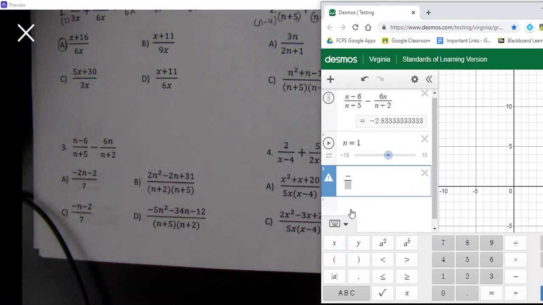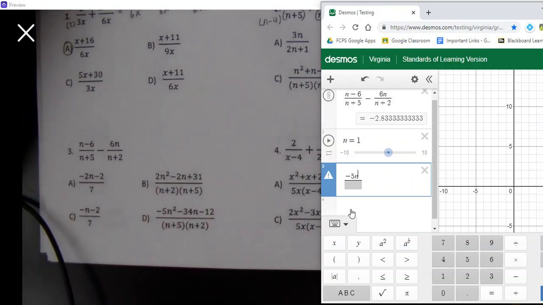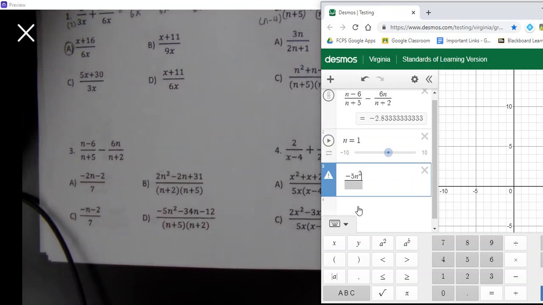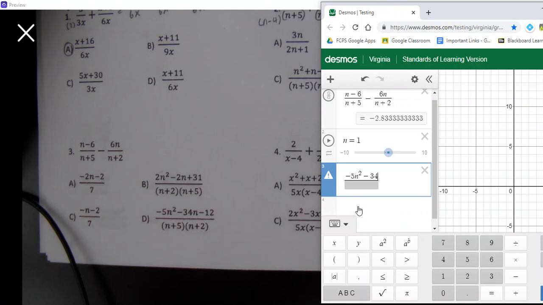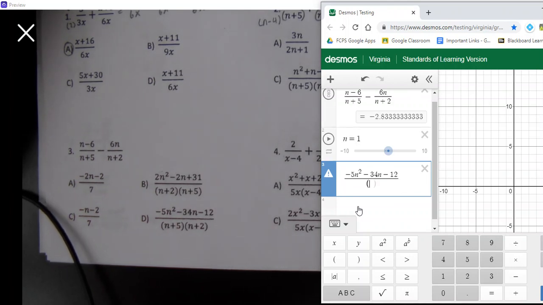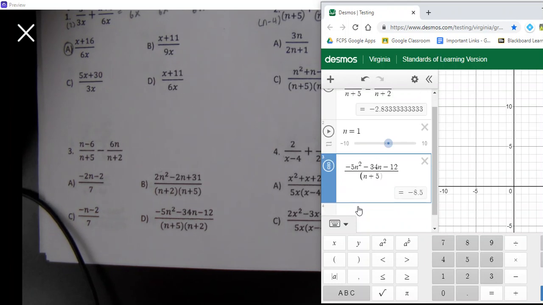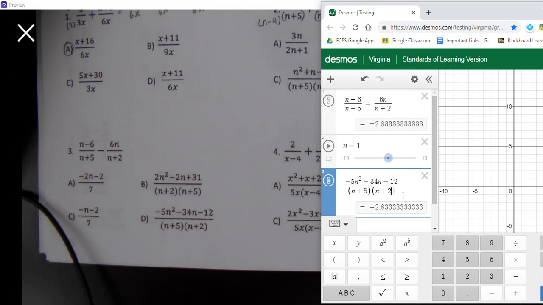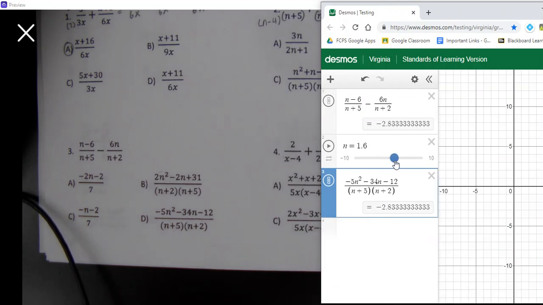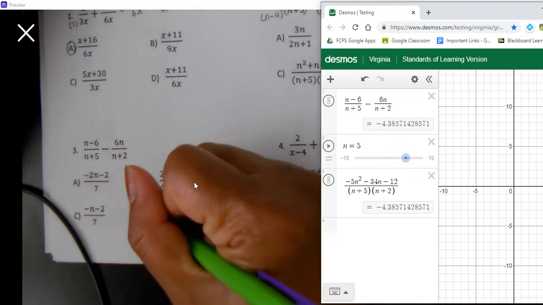I have negative 5n squared minus 34n minus 12 over n plus 5, and then n plus 2. Now I should get the right decimal. Yeah, even when you move this over, it's always going to be the same decimal, which means these two are equivalent.